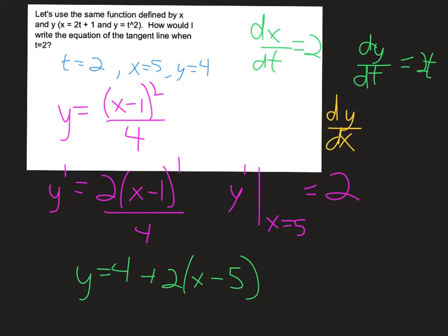Do you think that I just do dy/dt over dx/dt? Well, that would be 2t over 2, which is just t. So when t is 2, the slope was 2, okay.